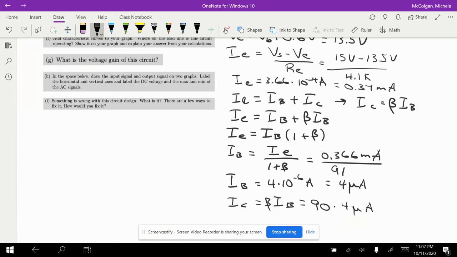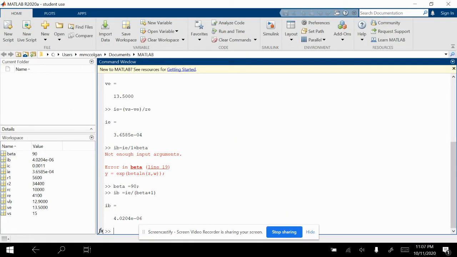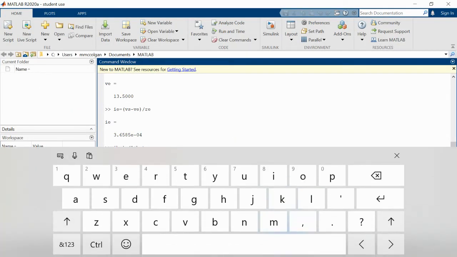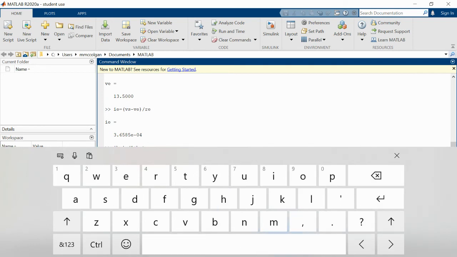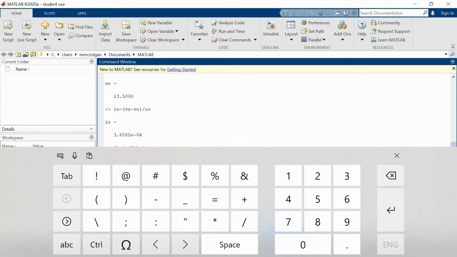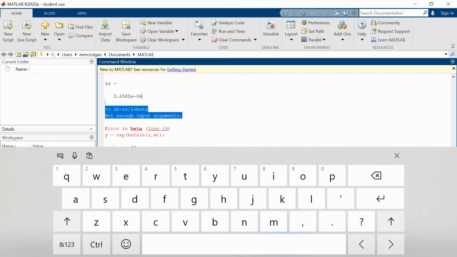And now I can calculate IC is equal to beta IB, and that's equal to 90 times 4 microamps. So let's go back to MATLAB again. And we've got IC equals IB times beta. What doesn't it like?